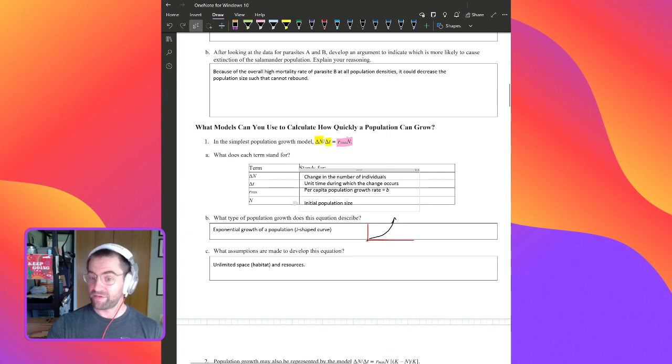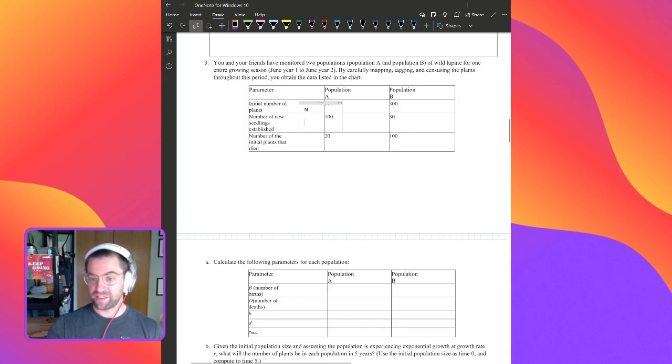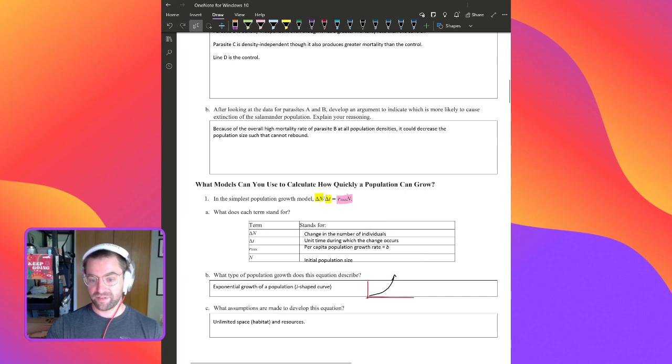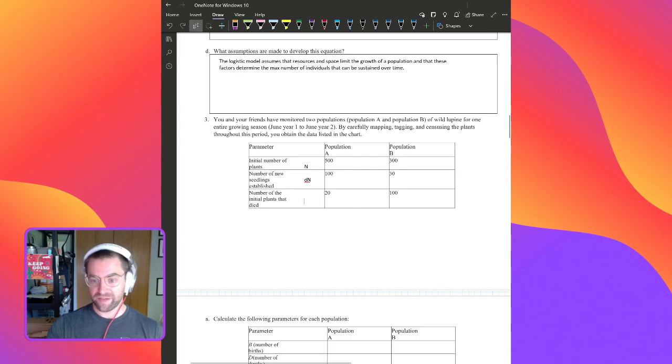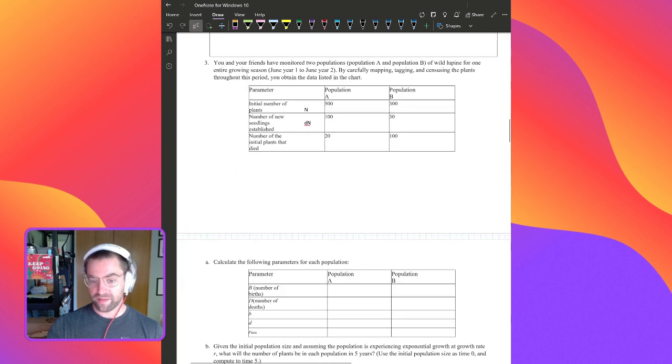That's the change in the number of individuals, so that's our delta N. And number of the initial plants that have died. So we don't have a mortality rate in either of these calculations, so we might have to do some new math there, if I had to guess.